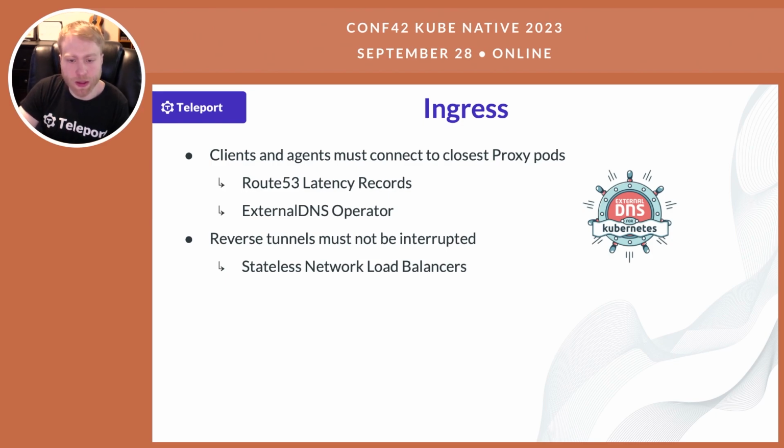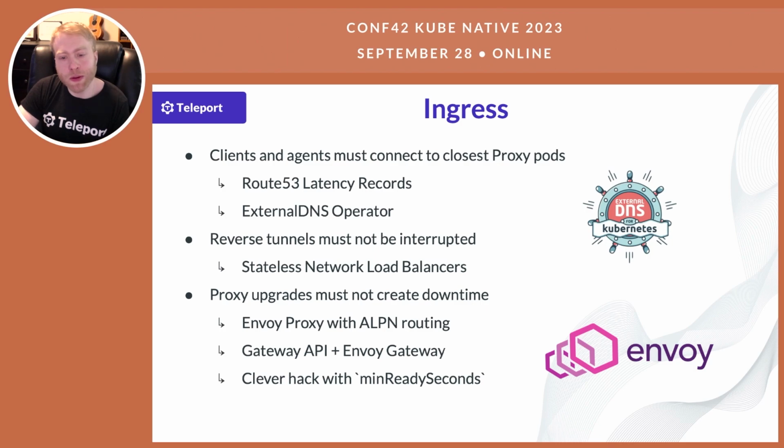We use network load balancers instead of anycast because they're kind of stateless, and so when there are changes to them underneath, they don't necessarily drop connections, and they let us provide really stable reverse tunnels.